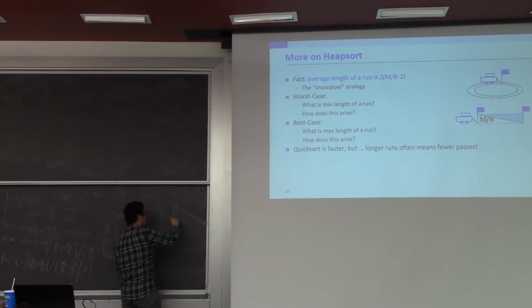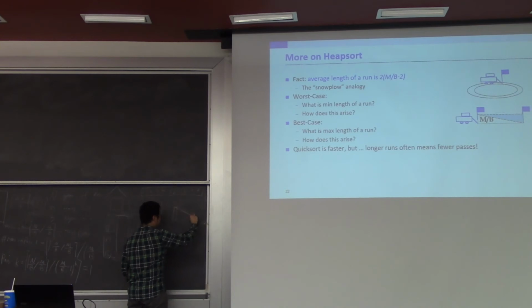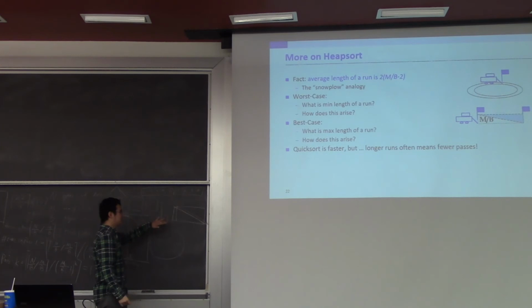These are the original amount that was on the track when the snowplow was at this point. And this upper triangle is the amount of snow that was accumulated during the whole run of the track, during the process.